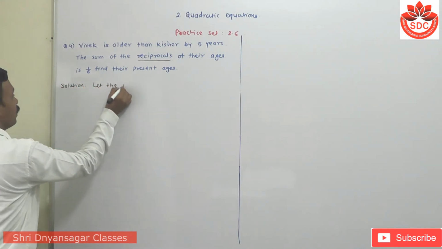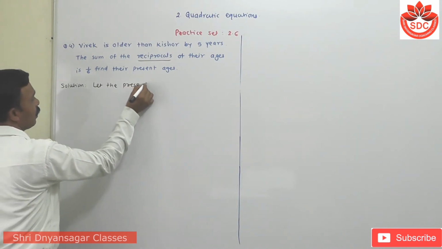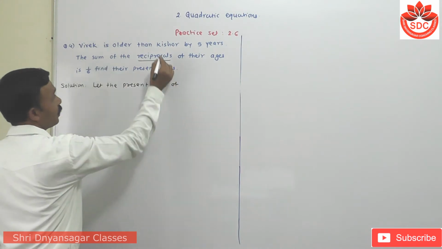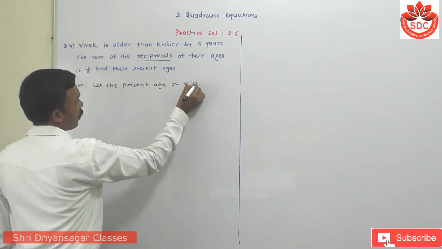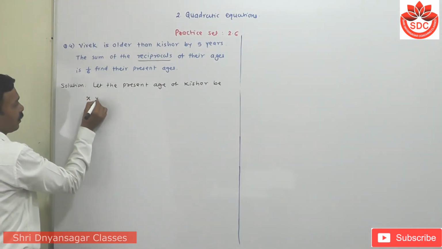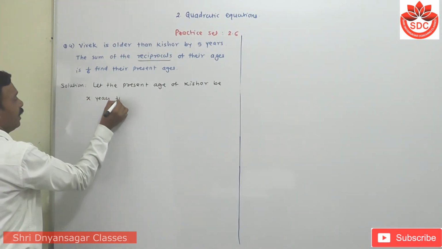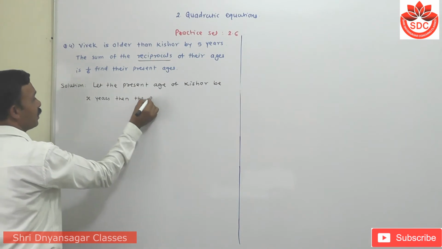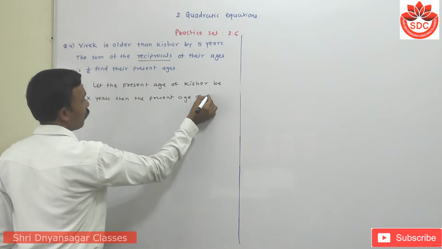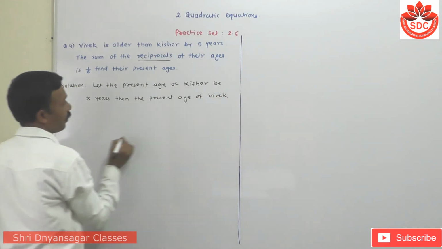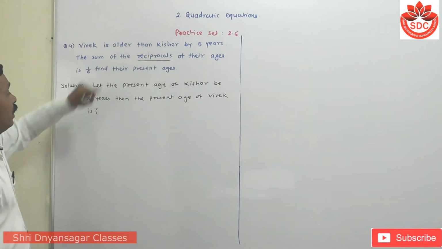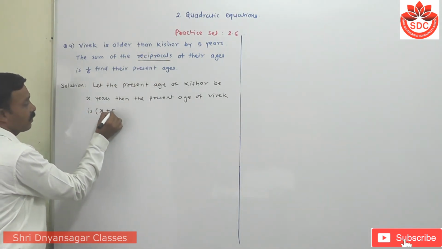let the present age of Kishore be x. Then the present age of Vivek is how much? 5 years older, that means x plus 5 years.